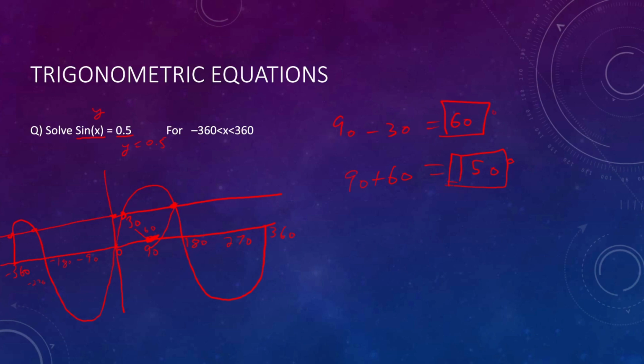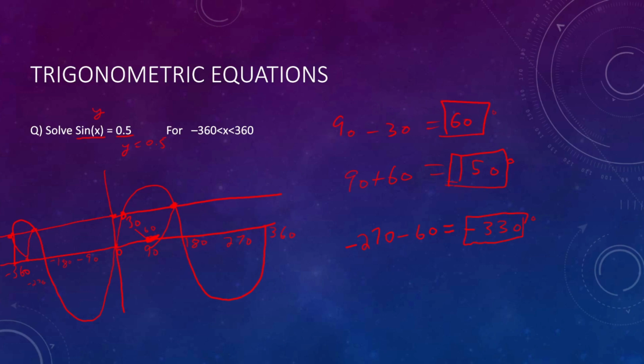At the negative place, the distance is also going to be the same, which is 60 and 60 from minus 270. So what I'm going to do is use minus 270 minus 60. This is going to be one of my answers, which gives me minus 330 degrees.